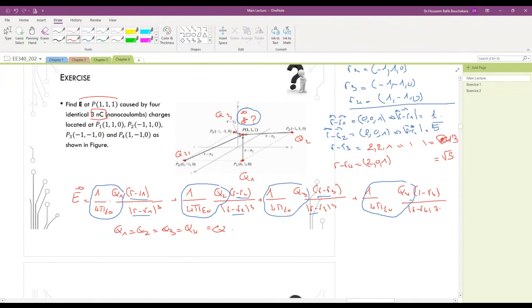أطلع 1 over 4 pi epsilon 0 q1 كعامل مشترك.